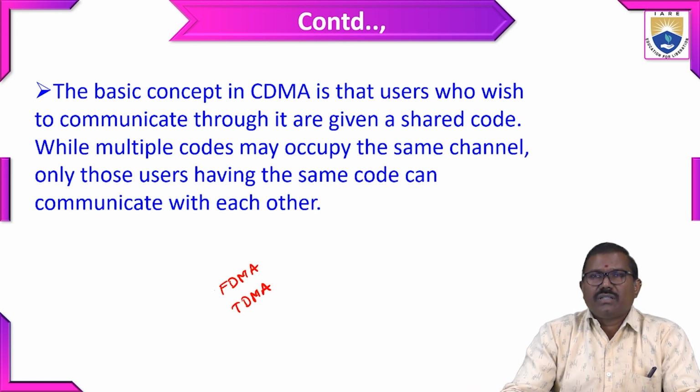So now CDMA uses codes. It is given a shared code, and by using the shared code, the users having the same code can communicate with each other. So that is the basic concept of CDMA.